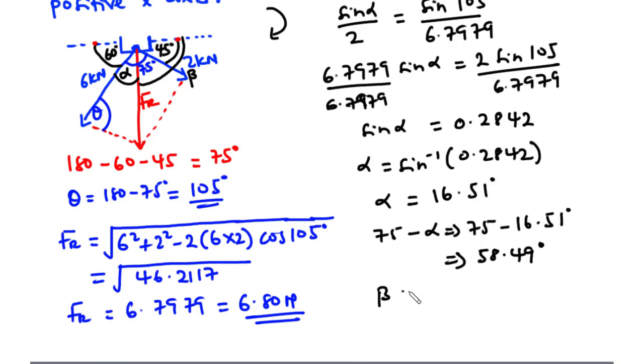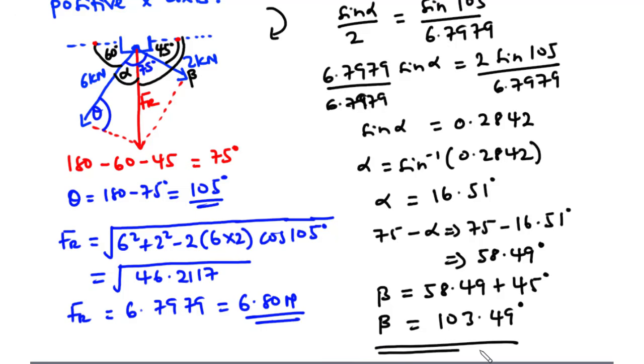So beta is equal to 58.49 plus 45 degrees, and this is equal to 103.49 degrees. So this is the angle between the positive x-axis and the resultant force, taking your reference point from the positive x-axis and moving clockwise to the force.